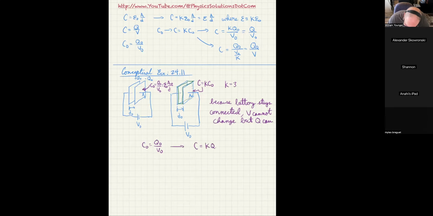We know that the charge can actually change, so we're going to put a Q up there that doesn't have a subscript 0. That means it's potentially a new Q. We just don't know what that Q is. But the voltage can't change, so that has to be V0. And then looking at this tells us that Q must be equal to K times Q0, and that's the actual answer. So Q will increase, and it will increase by a factor of K specifically. Any questions on that?